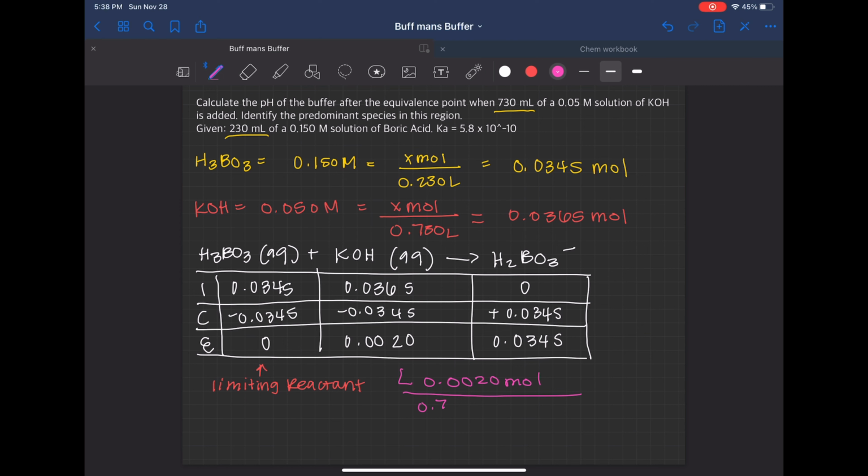After we subtracted the mole of boric acid from potassium hydroxide, we are going to get 0.0020 mole, and then we're going to divide it over our new volume, and we're going to get 0.002083 molar of potassium hydroxide.